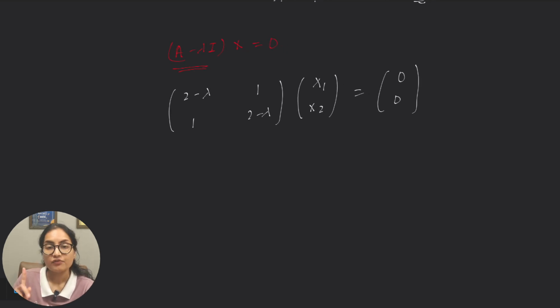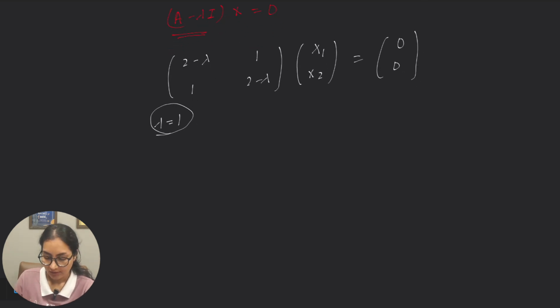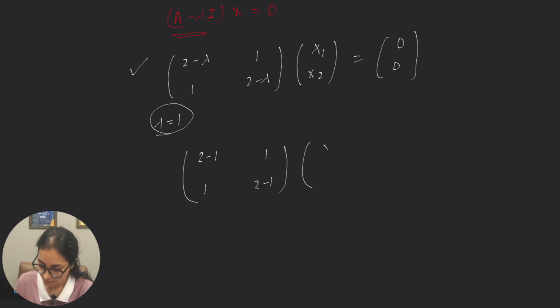To calculate the first eigenvector corresponding to lambda equals 1, let's substitute 1 in place of lambda in this equation. I'll get 2 minus 1, 1, 1, 2 minus 1, times x1, x2, equals 0 and 0.